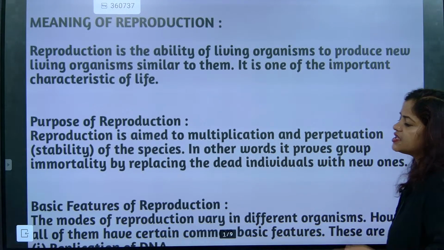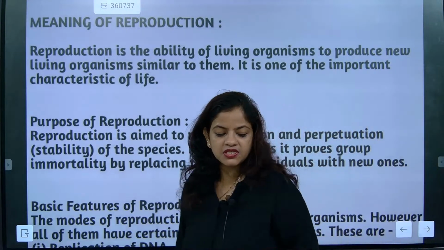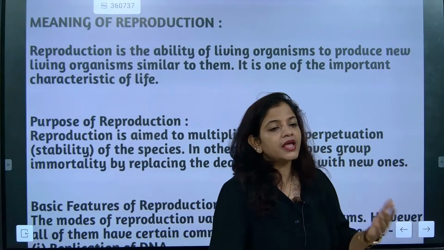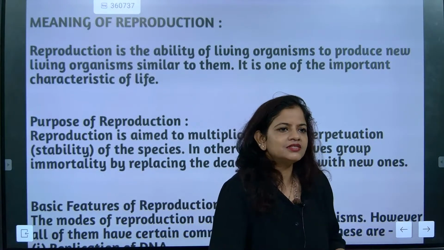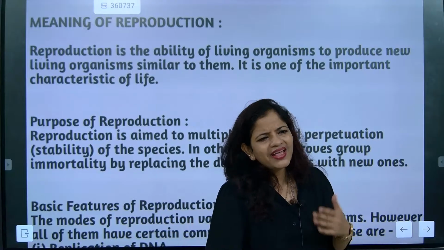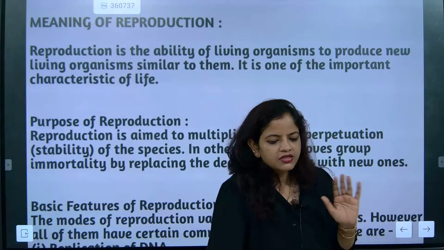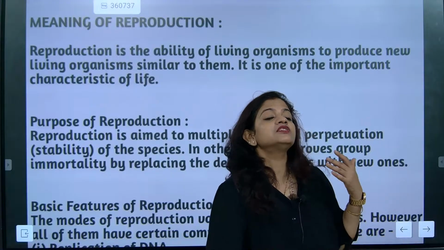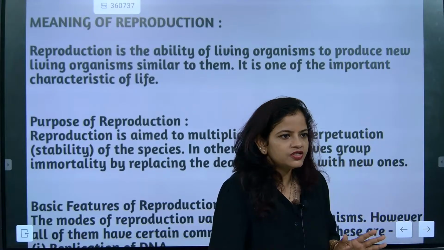Now, in the reproduction section, see the purpose of reproduction. First, what exactly is a species? A species is a type of organism existing on Earth or any other planet. Not just Earth, but other planets also where it is supposed that life exists.